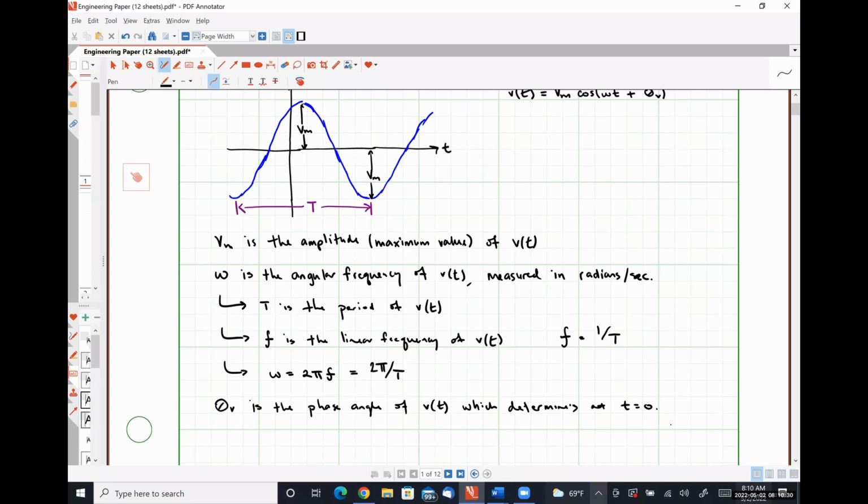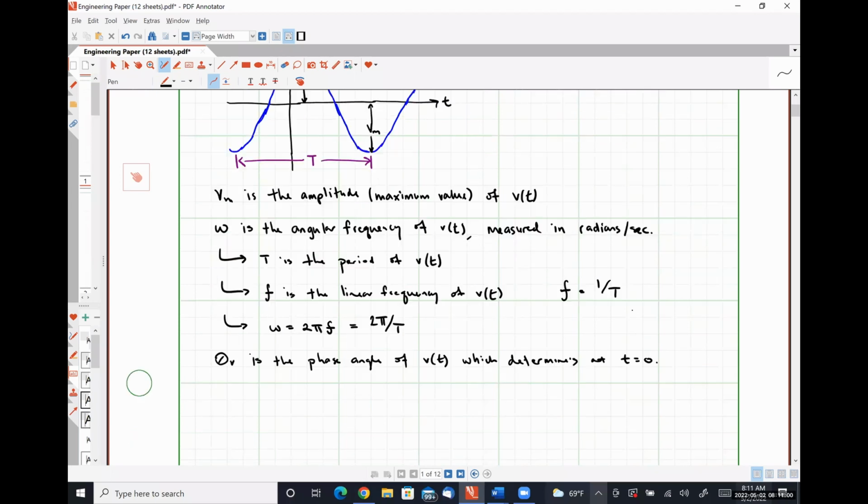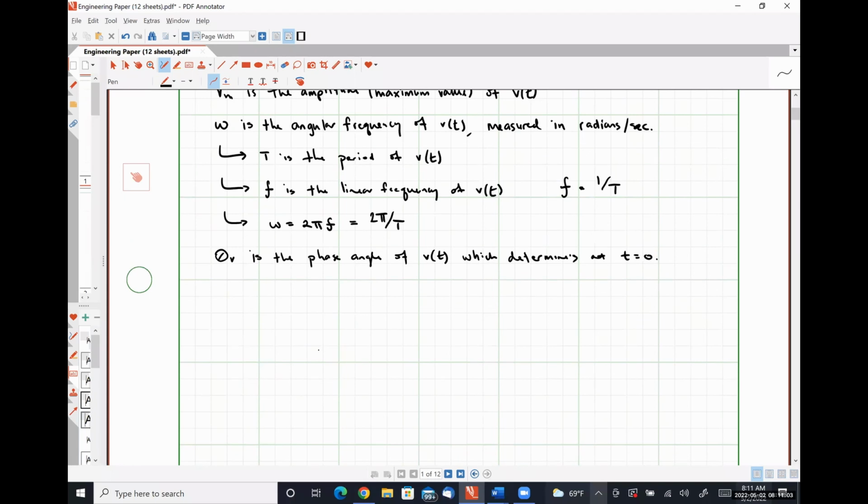That would be indicative of a right time shift, so that the peak is occurring at a later point in time, which means that we would have a negative phase angle. If instead the peak value occurred before t is equal to 0, that would be a left time shift, which would be indicative of a positive phase angle, because the peak value is occurring earlier in time than t is equal to 0. So I'm going to write all that down so you don't have to just remember it.